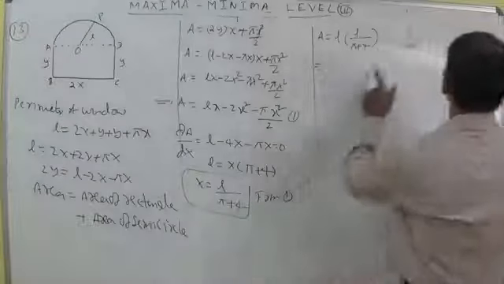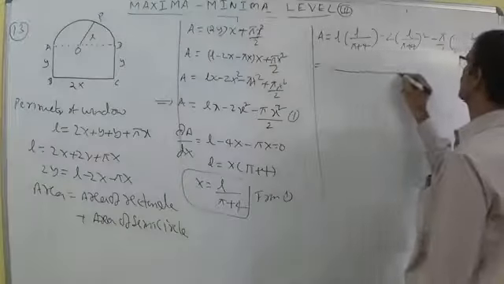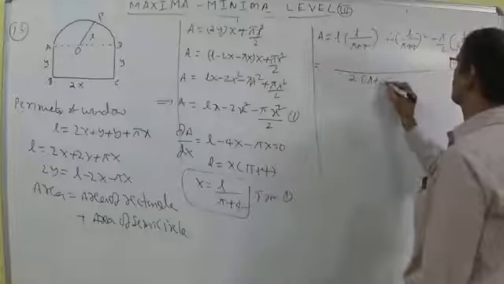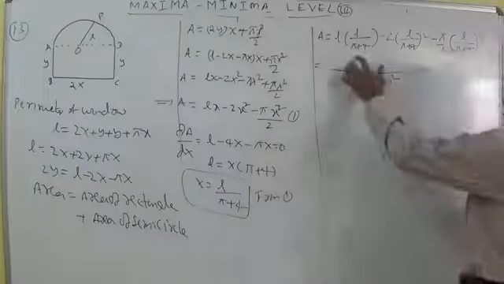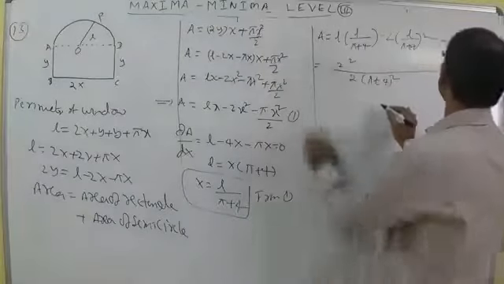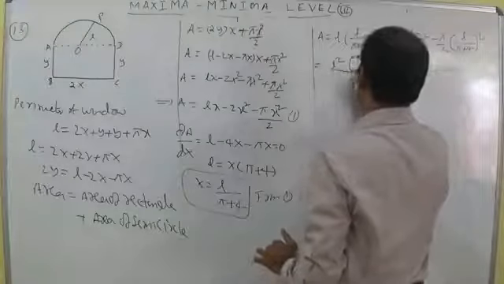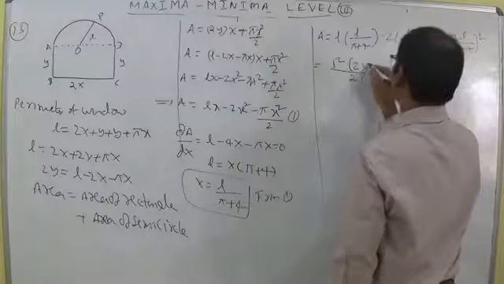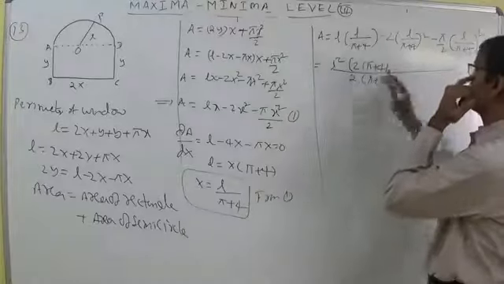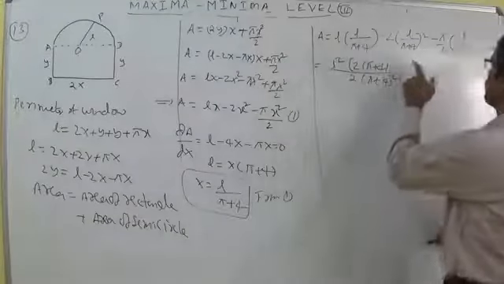I think we can take LCM here: 2 into pi plus 4 whole square total. Here 2 into pi plus 4 is there, and 2 into 2 L square. Students, we can take L square common. Then we can write here 2 into pi plus 4 minus pi plus 4 whole square.